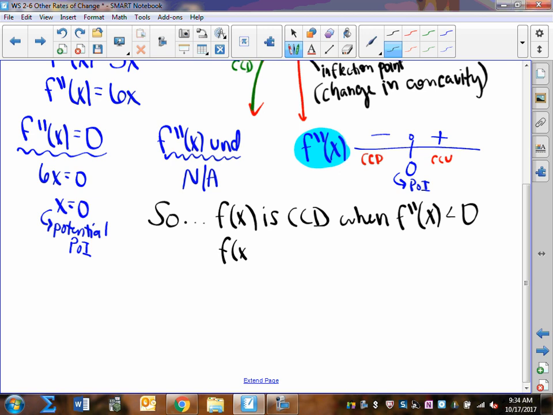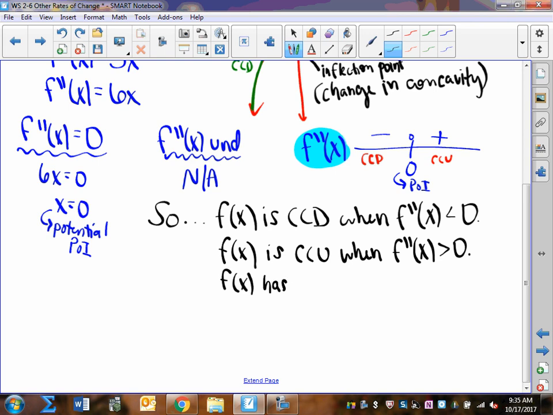My original function is concave up when our second derivative is positive. And then we have a point of inflection: f of x has a point of inflection when f double prime changes signs.